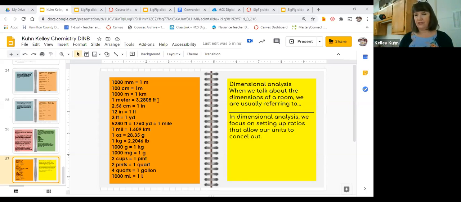In dimensional analysis, the reason it's called dimensional analysis is we're focusing on those units. We're trying to convert from one set of units to another. Like I said, we're starting out with familiar units like yards and meters and inches and quarts and ounces, stuff like that. But ultimately, we're going to move to less familiar units like moles and atoms and particles and grams.